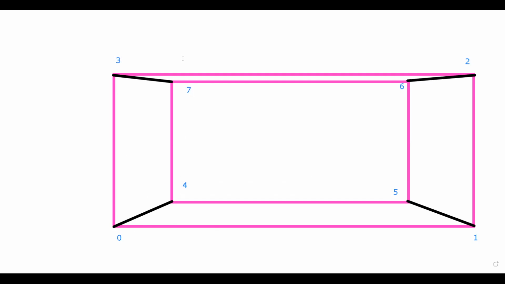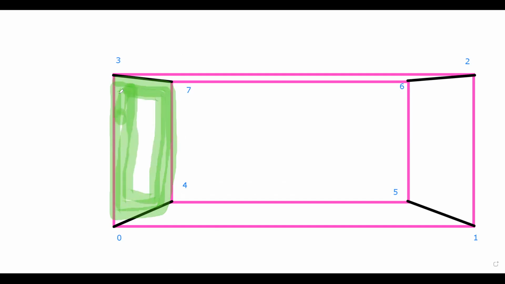What about our inlet? The name of the inlet, let me write here. This first plane is our inlet. Let me color it green. This full plane is our inlet. This green plane is our inlet.